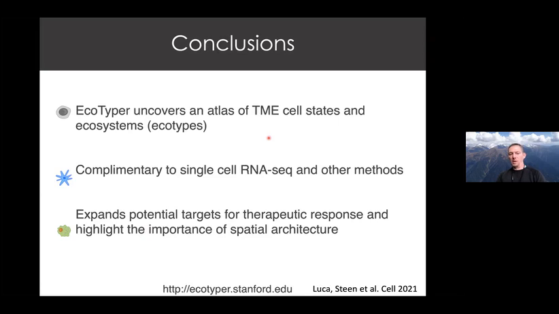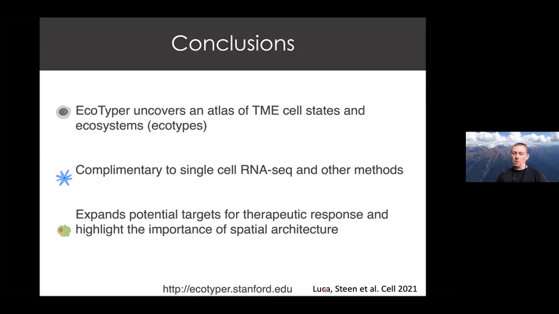We think this is really complementary to single-cell RNA-seq and to other methods, and there's a lot of feedback which goes between these different approaches, which I think is a useful two-way thing. And obviously the hope is that this will expand potential targets for therapeutic response and further highlight the importance of studying the spatial architecture.